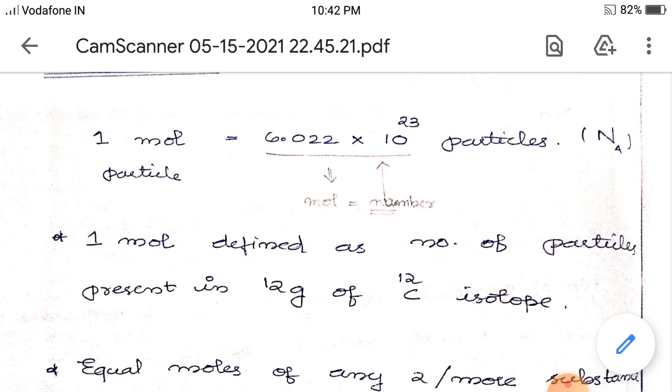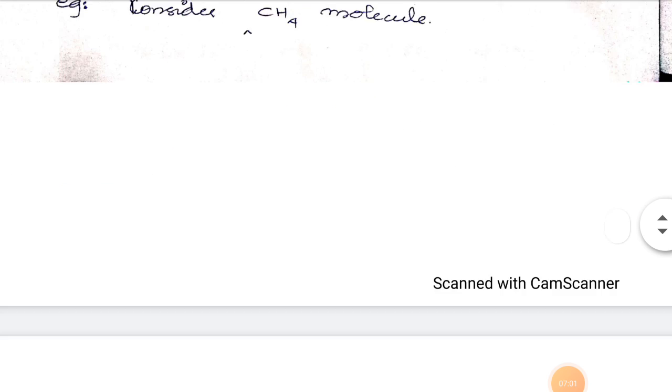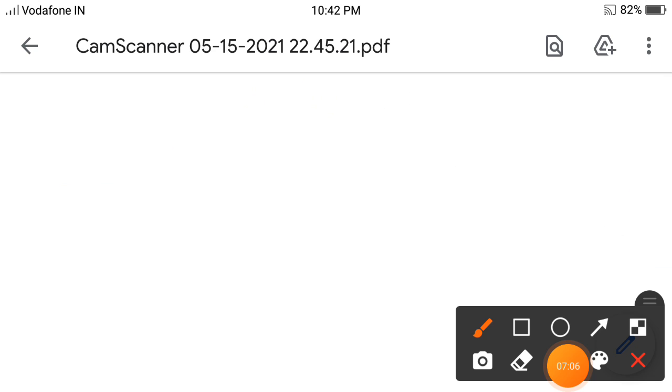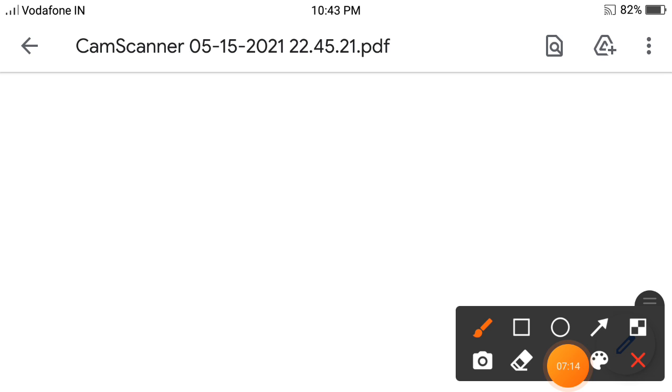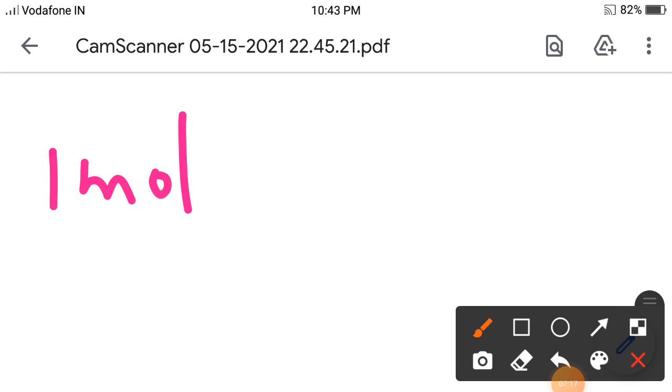Suppose I have 1 mole of pens, that means I have 6.022 into 10 raised to 23 pens.